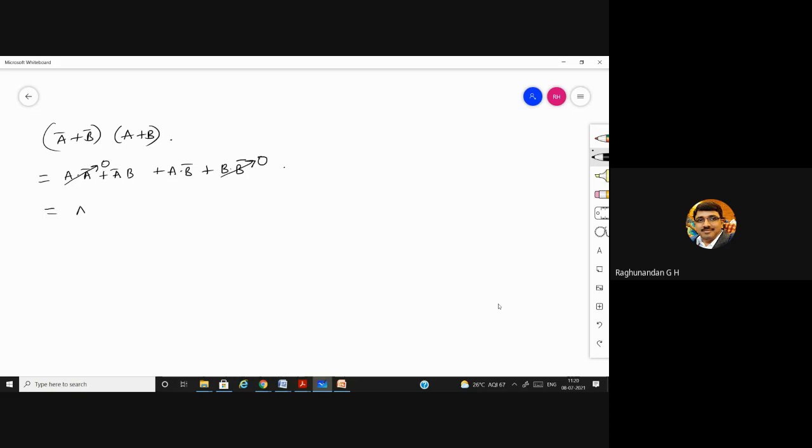We are having A bar B plus A into B bar. Do we have this equation in any of the gates, or somewhere we have seen this equation? XOR, right? A exclusive OR B. That's the answer. Like that we can solve different problems.